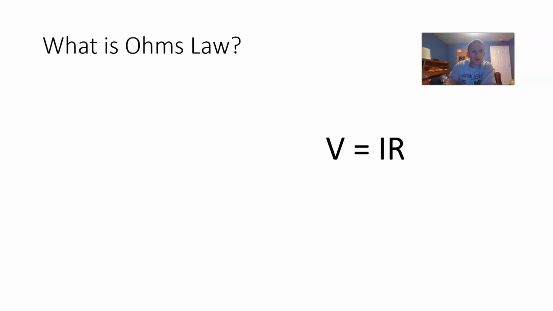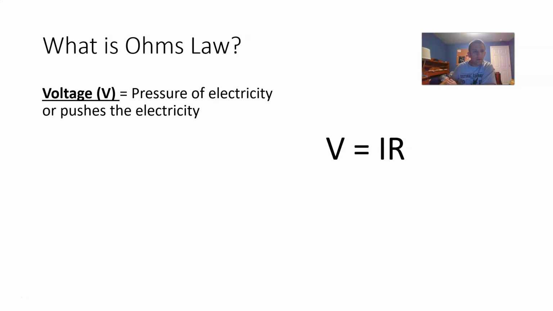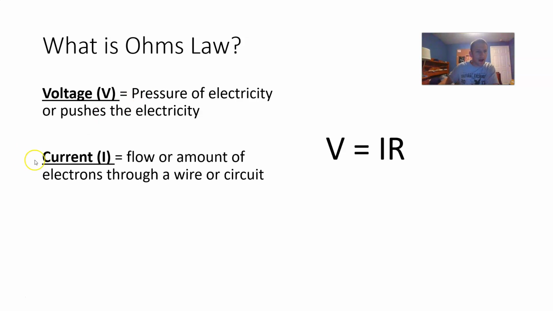To start off, the V in your V equals IR is voltage. That's the pressure of the electricity, something that pushes the electricity through a circuit or a wire. Next, you're going to have I. I is the current. It is the flow or amount of electrons that move through a wire or a circuit.